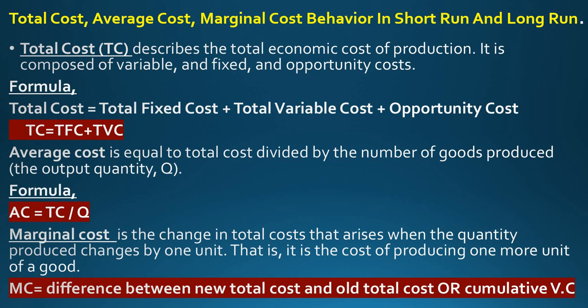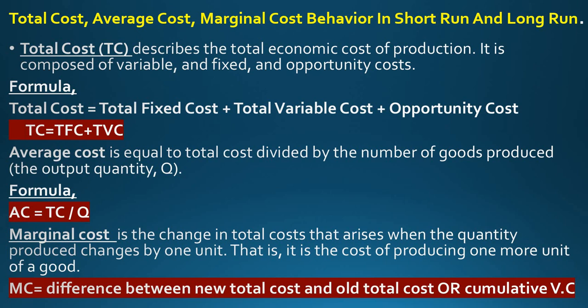It is composed of variable cost, fixed cost, and opportunity cost. Total cost means the overall cost incurred to produce any particular product. The formula is: total cost is equal to total fixed cost plus total variable cost plus opportunity cost, that is TC equals TFC plus TVC.